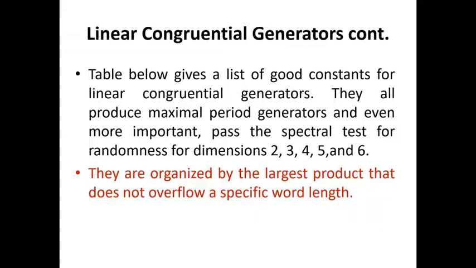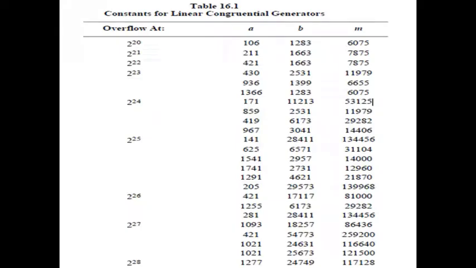The dimensions of the numbers range from 2, 3, 4, 5, 6, and so on. And how are we organizing the table? So that it gives the largest product that will not overflow a given word length. You'll see in this table now. See here, the first column itself tells us where the overflow occurs. So the overflow occurs at 2 power 20.